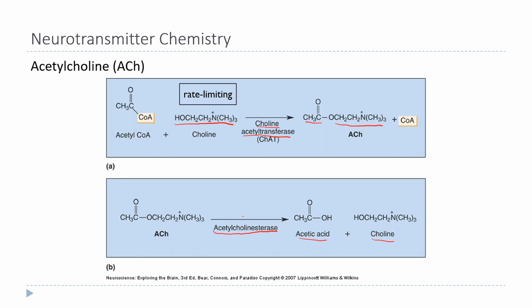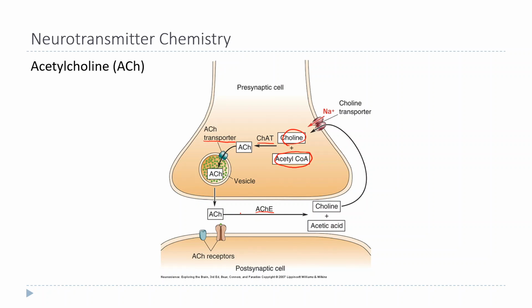Most other neurotransmitters get reuptaken rather than broken down. The choline can then be recycled, so it gets taken back up into the cell through the choline transporter. By the way, many of these transporters use ion gradients to help move the molecule across. The choline transporter and other transporters like it are what we call a co-transporter.